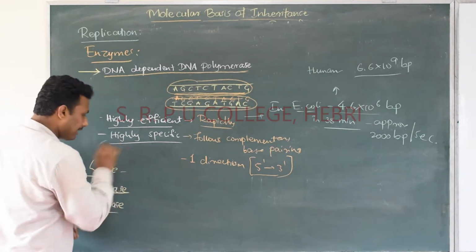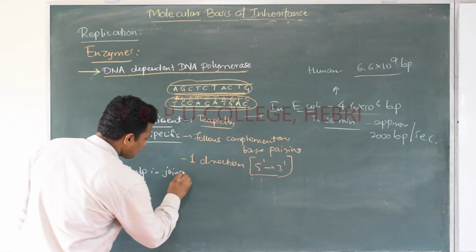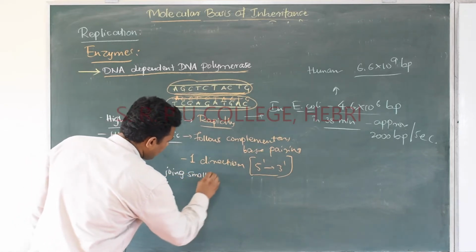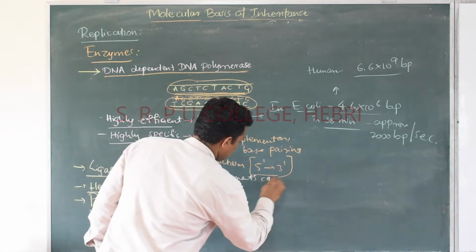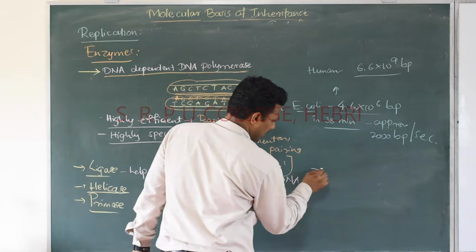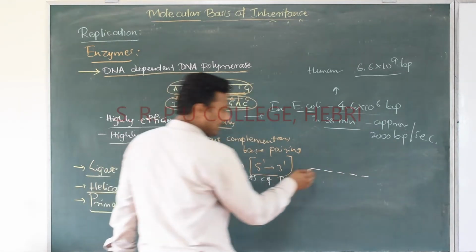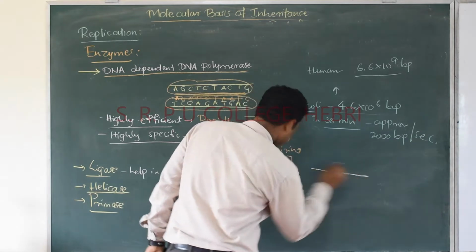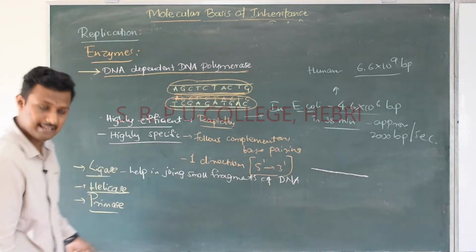Ligase enzyme will help in joining small fragments of DNA. Imagine there are many small fragments of the DNA here. All of them are joined together with the help of the enzyme called DNA ligase, or simply ligase enzyme.